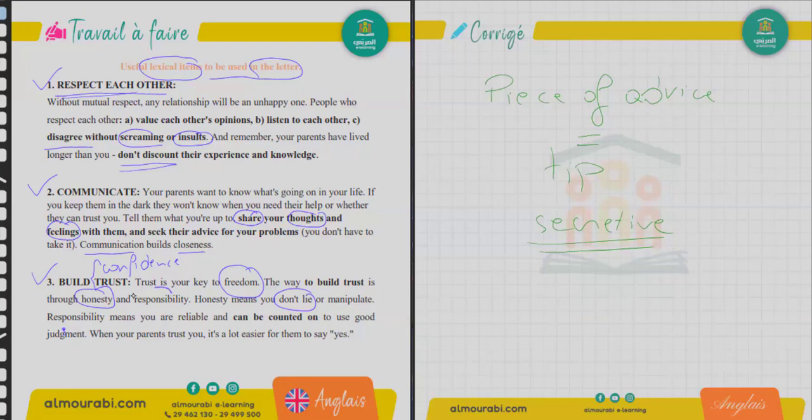And you are responsible also, responsible for your actions, thoughts and words. And then we will rely on you and we will count on you. Okay, that's building trust. Building this freedom.